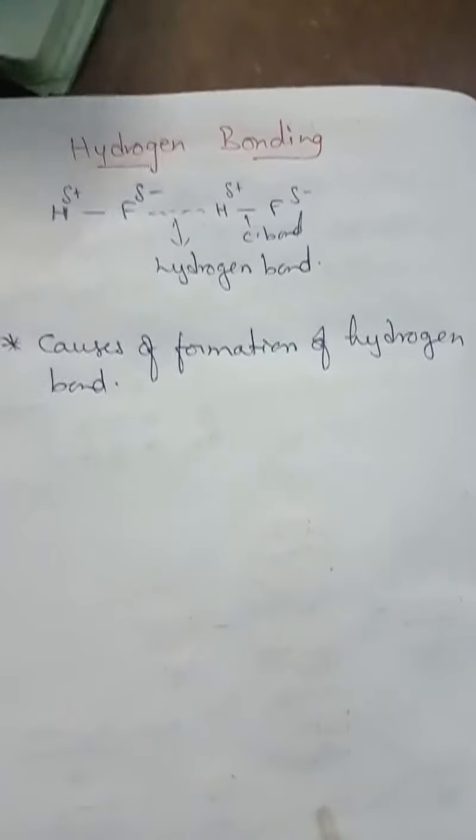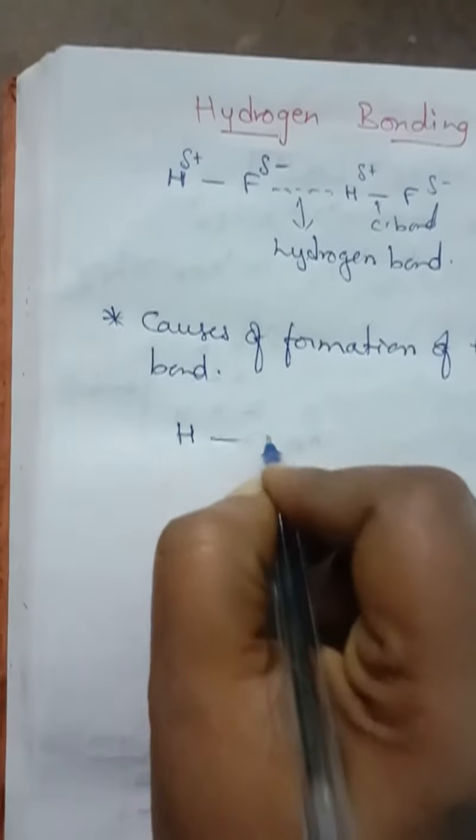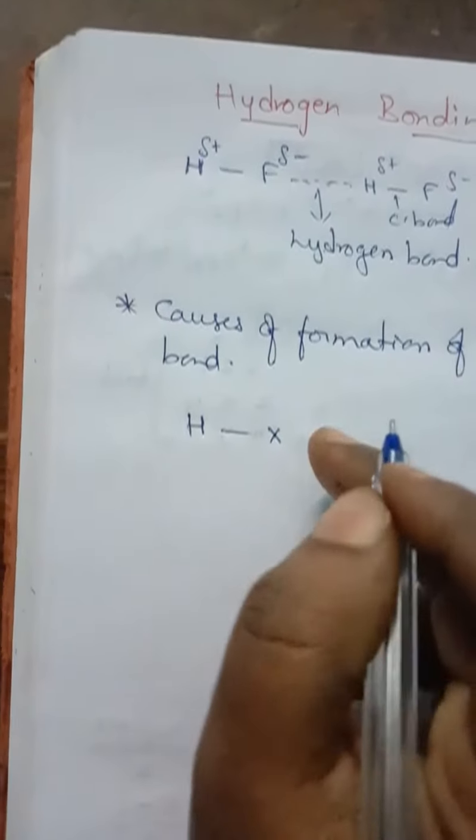So by getting oppositely charged, this results in the formation of a polar molecule having electrostatic force of attraction. Look here, hydrogen is bonded with a highly electronegative element.